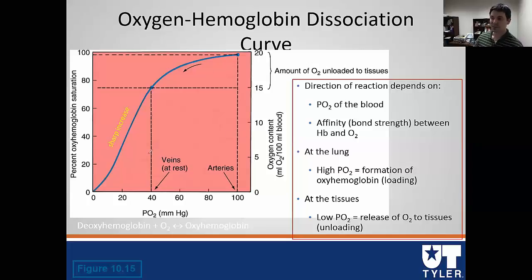So again, once the PO2 drops, that affinity for hemoglobin and oxygen is going to decrease, right? When it decreases, then that reversibility comes into play and it will give off oxygen.